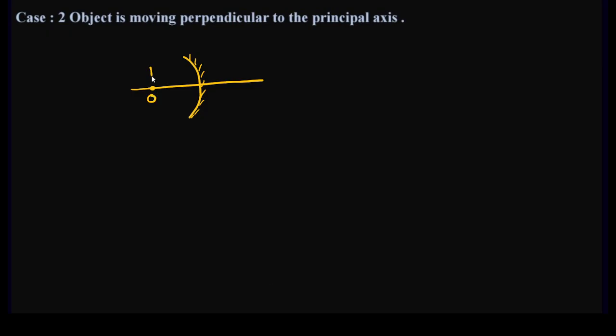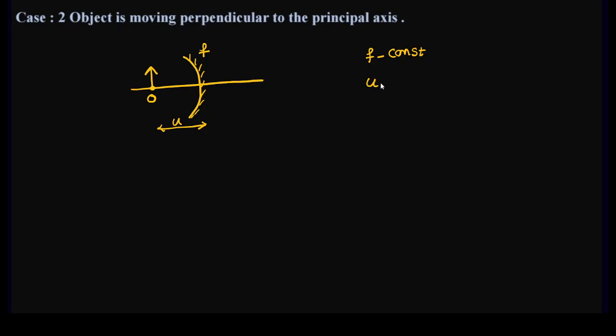This object is moving perpendicular to the principal axis, like this. Now in this case, if we see carefully, the object distance is u now, and this is the focal length. The focal length is constant. For the mirror, focal length is always constant.